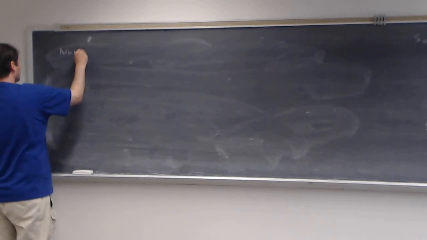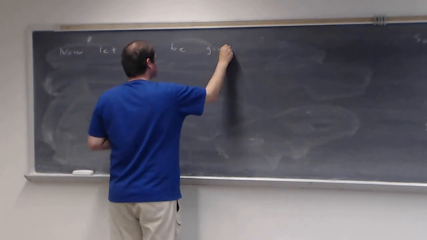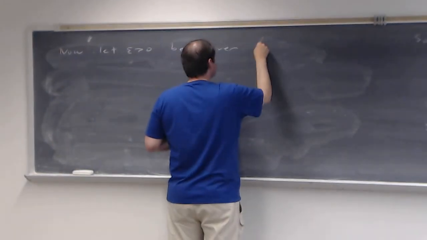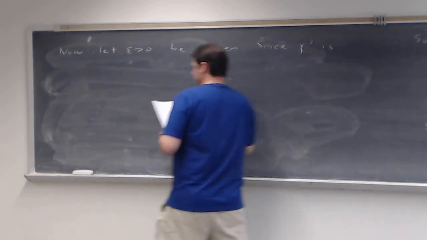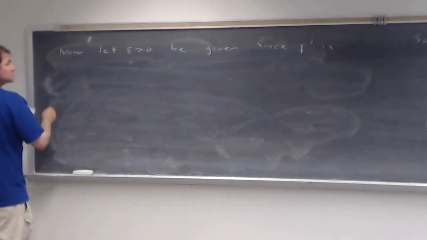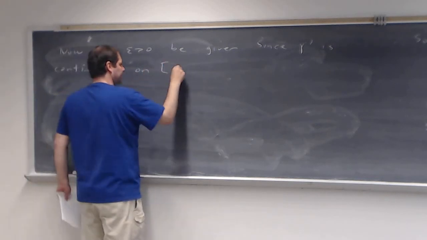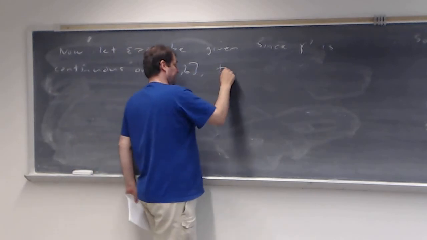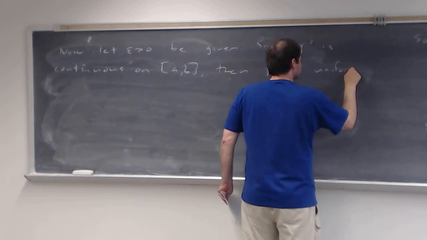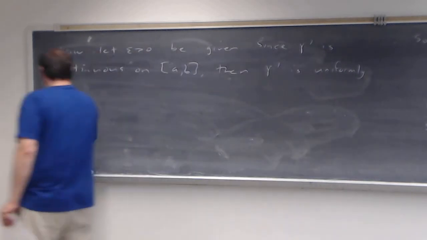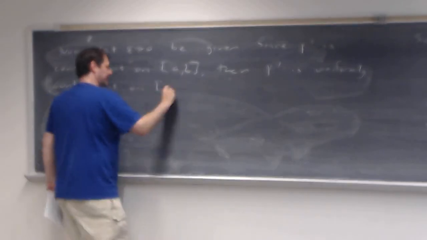To show the other part, we will let epsilon greater than 0 be given. Since gamma prime is continuous on [a, b], then, that being a compact set, gamma prime is uniformly continuous on [a, b].